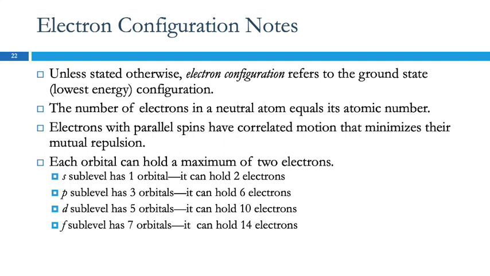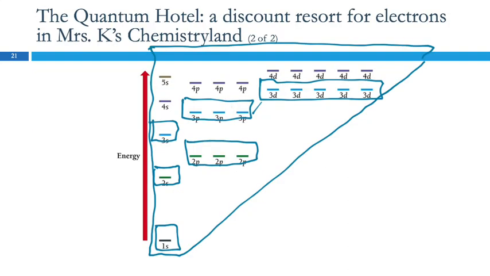Yes. So we're drawing the box, that's the orbital, right? And what I was drawing here, I was drawing the sub-level. Each of these lines would be a bed, an orbital. When we draw the orbital diagrams, this is 1S, and that would be 2S, and this would be 2P.